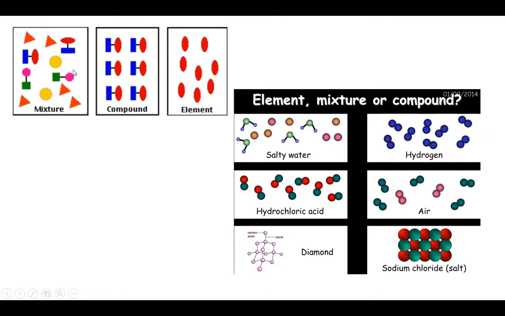So we've got this thing and this thing, which are two compounds, but those two compounds are not bonded together. So this is a big mixture. So salt water is a big mixture. We've got water, and we've got the different elements that make up salt, sodium and chloride. So this is a big mixture of stuff.